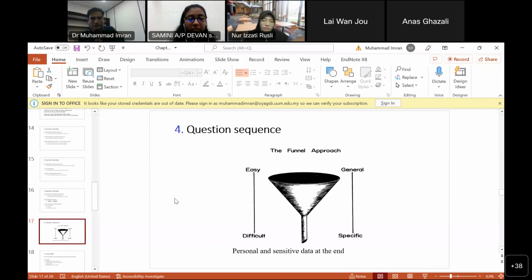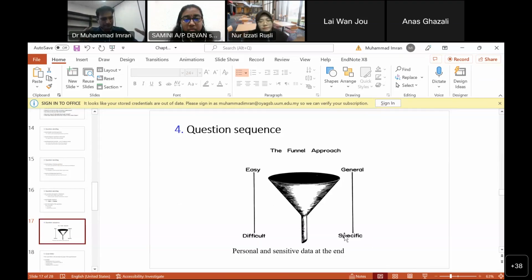Then again an easy question. For a hard question you may ask for further information. You can also ask the same question in different words, but as a different question, not in the same one.